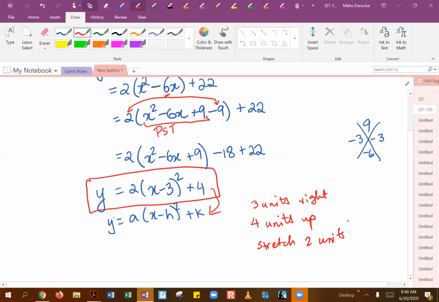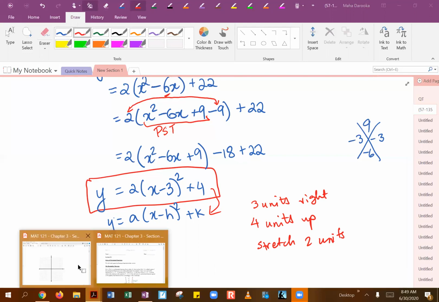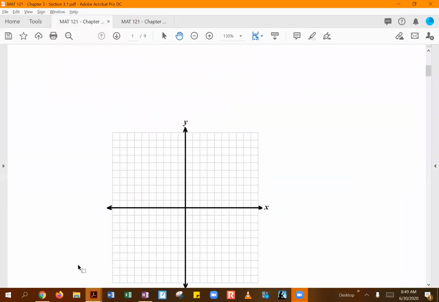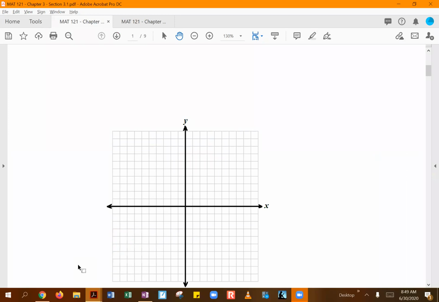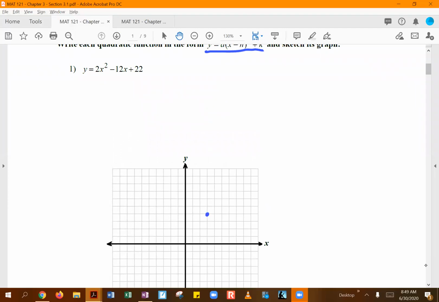So you can use transformations to help you graph this, or you can just create a table and help you graph this. But we know our graph has to move 3 units to the right, and it has to move 4 units up. So that's definitely got to be one of the points on our graph over here. So we can go ahead and do a table if you like.